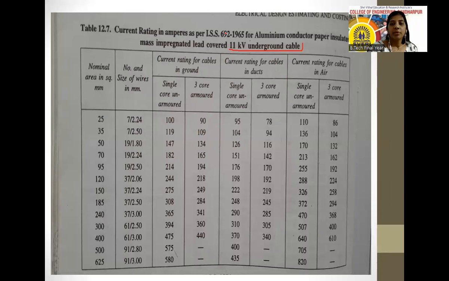Which column do you prefer, first, second, third? I'm asking about the current rating column. First. So in the first column, 3 core armored, the nominal area is 25 square mm.